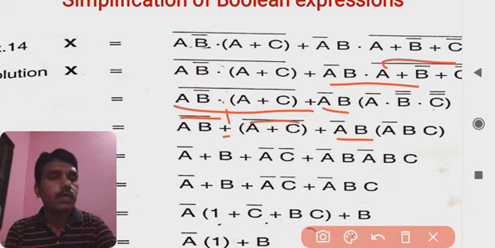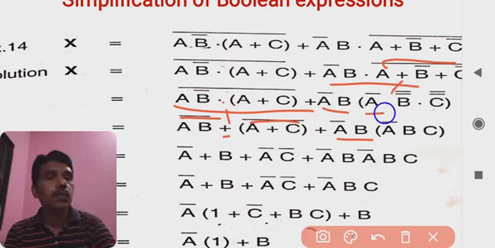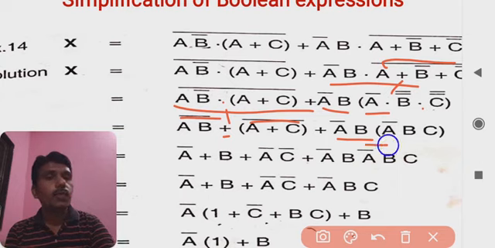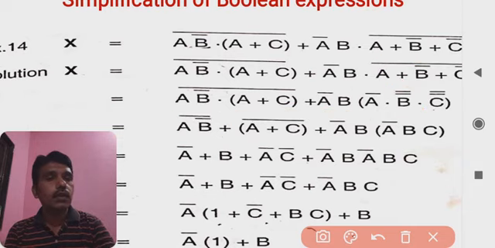In this case, the complement of the sum can be converted into the product of their complements, and that's why it is a complement, b complement, and c complement, with b double complement, because b complement is already there. Again c complement is already there, and c double complement is to be there. So the complement of the complement is the original, and we can write a complement b and a complement b c here.